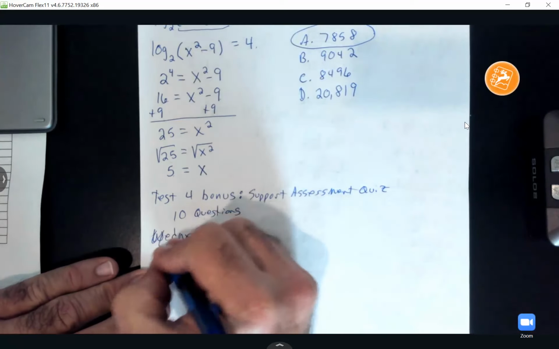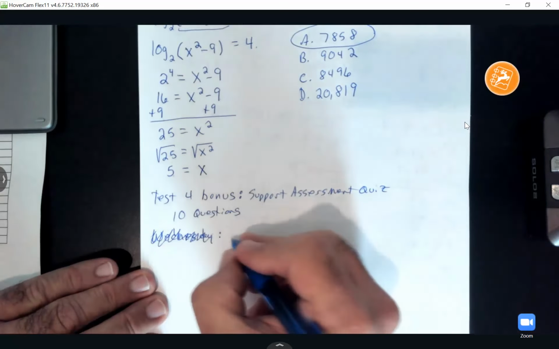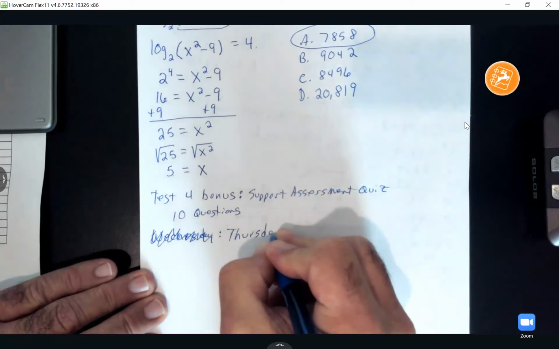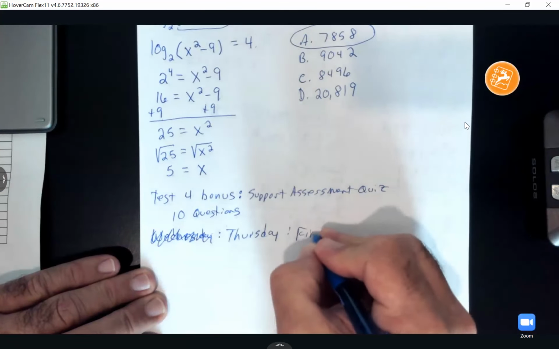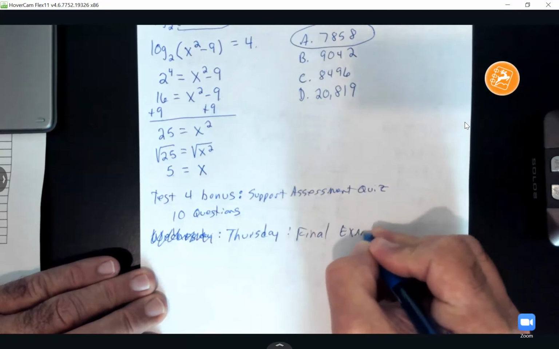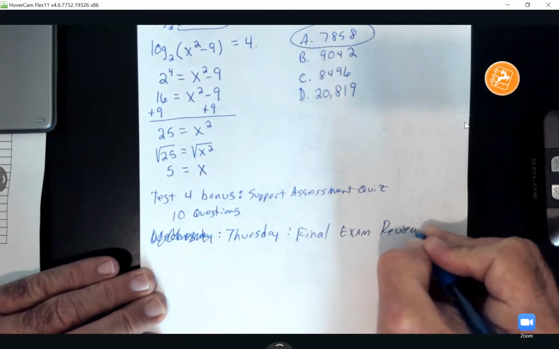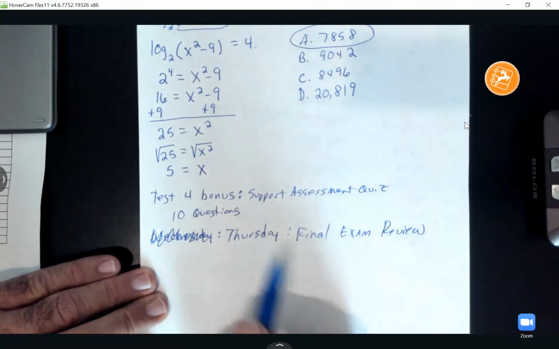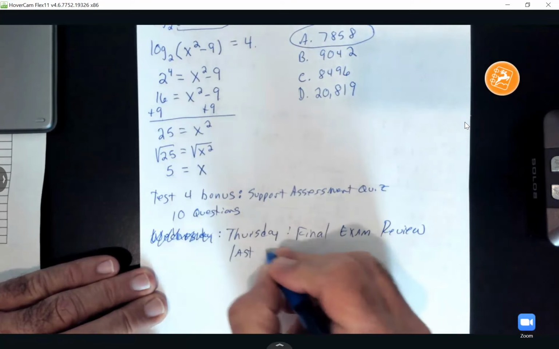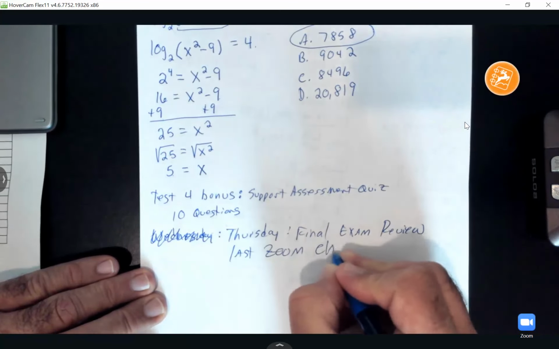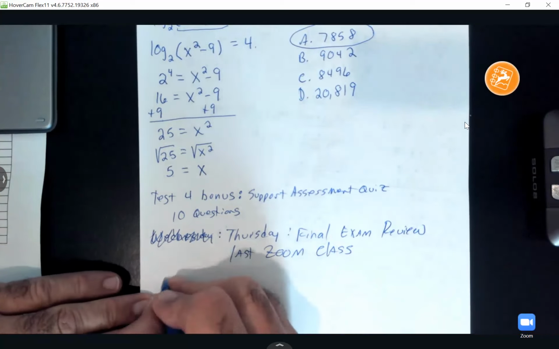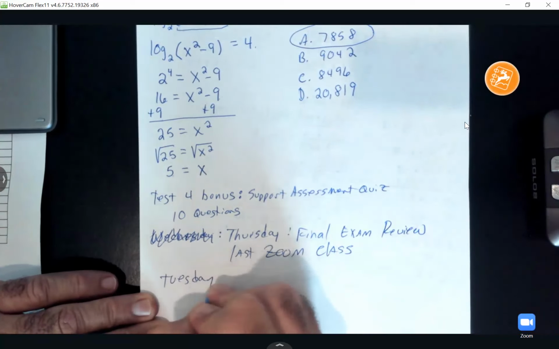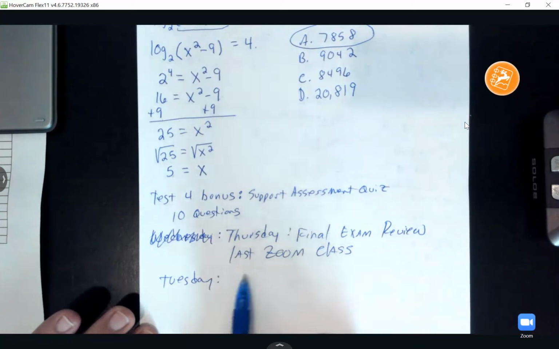All right, Wednesday, I mean, not Wednesday. Ooh, I'm on the wrong day. Thursday for y'all. Y'all, Thursday, we're going to review final exam. And Thursday is technically our last class. So that'll be our last Zoom class. Now, next Tuesday, technically, we don't have a class next Tuesday.